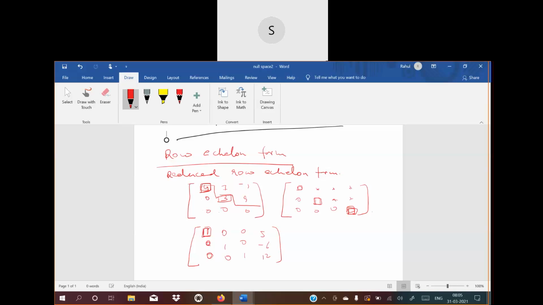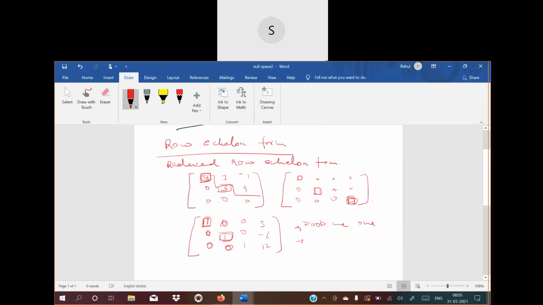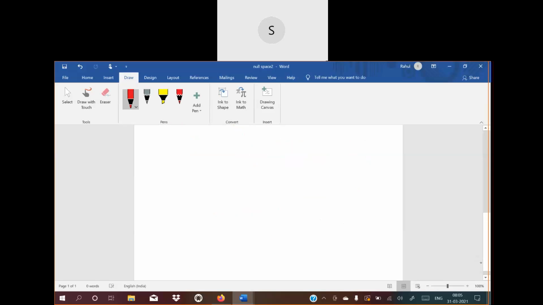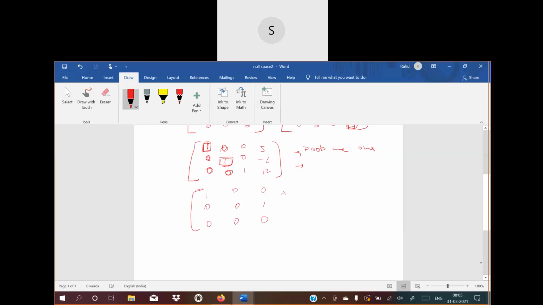And if the next pivot is here, then the reduced row echelon form has two properties. First, all pivots are 1, and second, all the elements above and below those pivots are 0. Earlier that was not the case. So another pivot is this, or if the entire row is 0, then it could be something like this: 1 0 0, 0 0 0, 0 1 0, and so on.